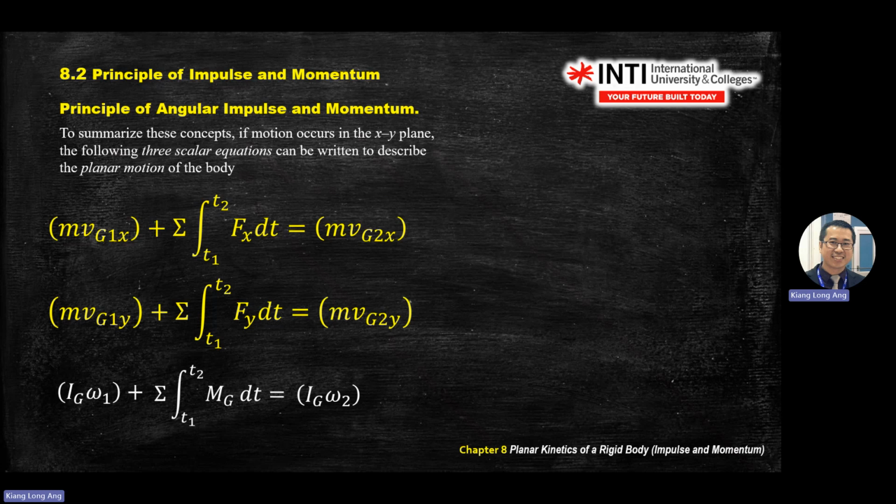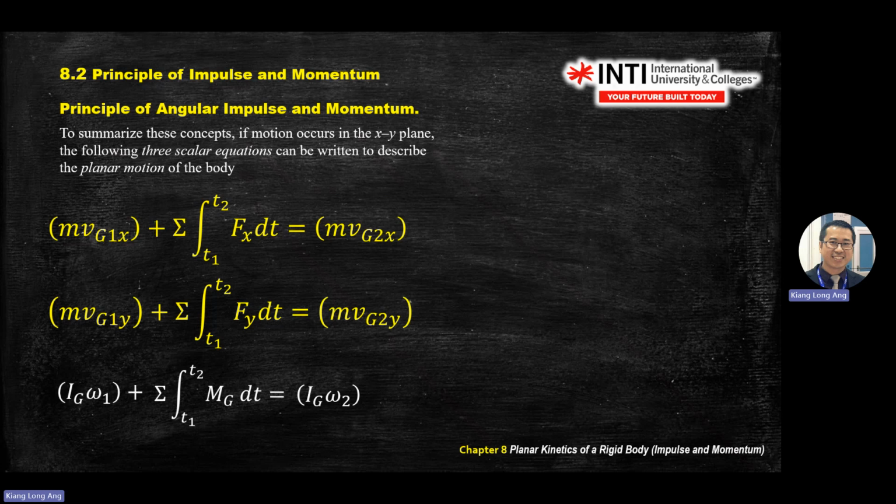Okay, it depends on which form you like. Sometimes you can just focus on impulse equal to the change of momentum. Angular momentum equal to the change of angular momentum equal to the angular impulse. Okay, sorry, this is angular impulse. M multiplied by time is impulse, right?